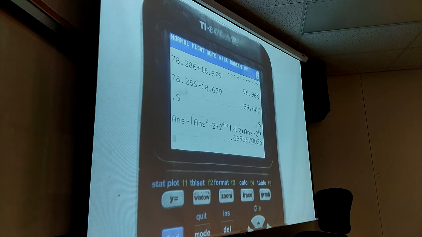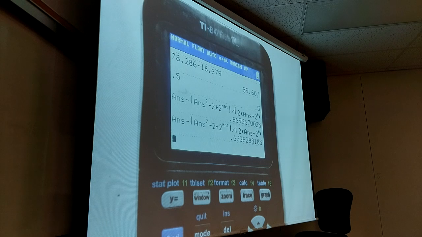So here's x2, x3, x4. I didn't really tell you how this should converge pretty quickly. See, it's already starting to, there you go.